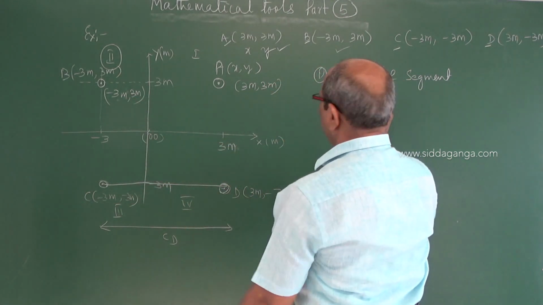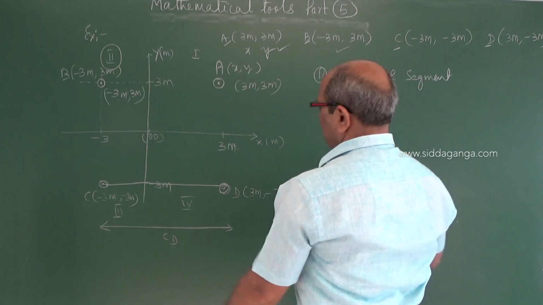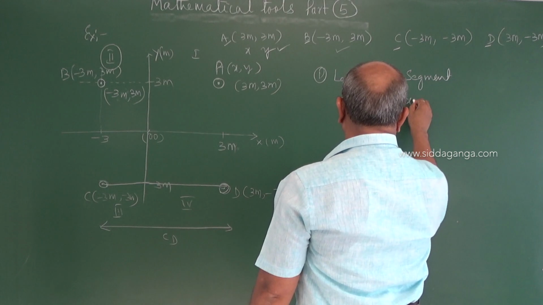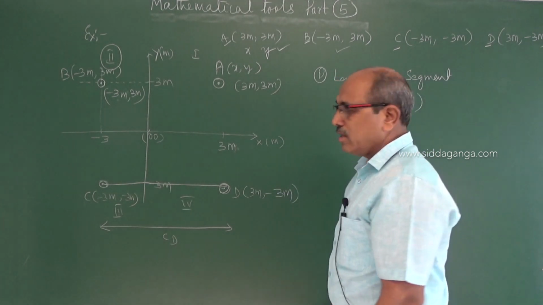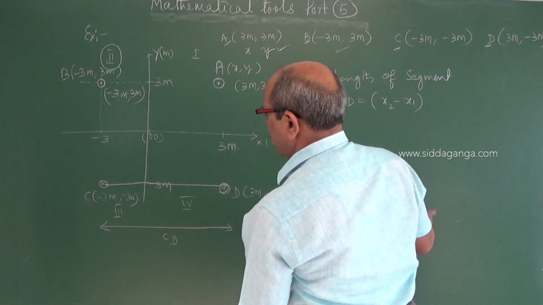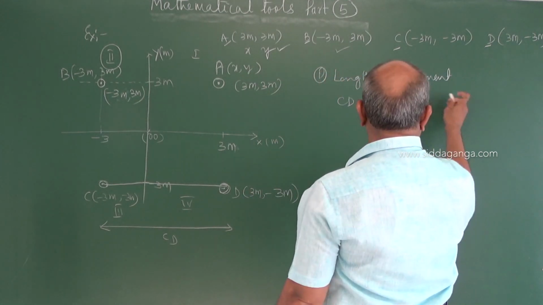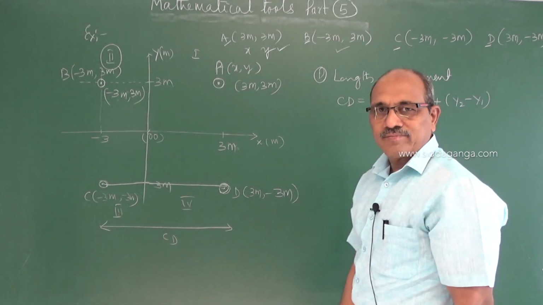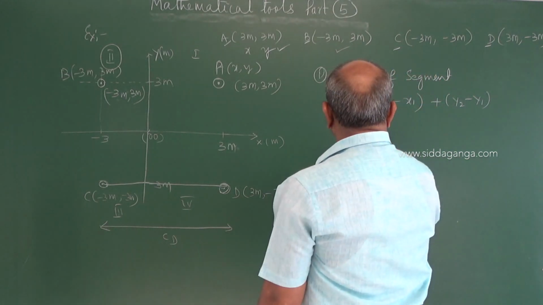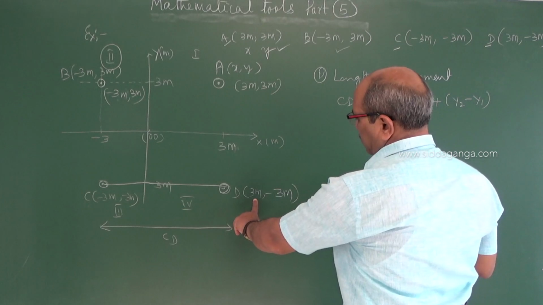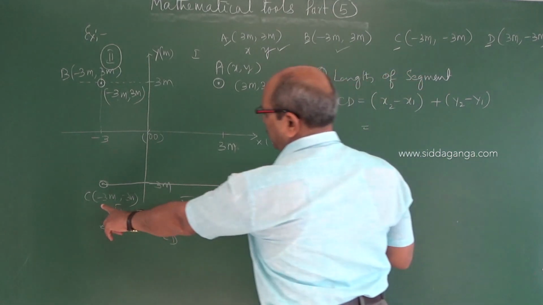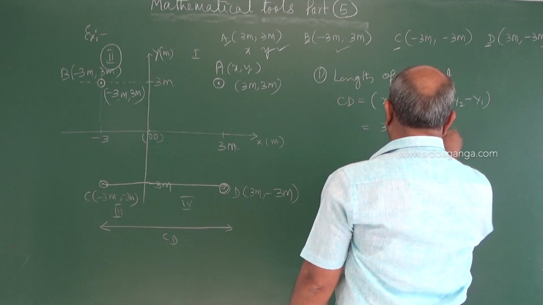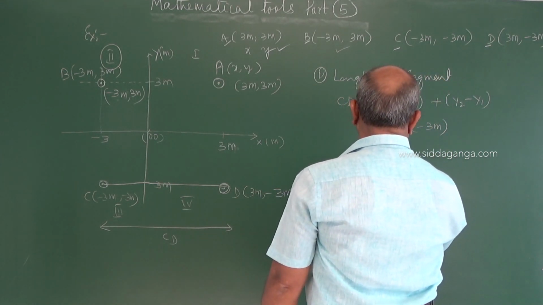Usually, to find the length when two coordinates are on a line, we take x2 minus x1, and also for the y coordinates, y2 minus y1. So x2 minus x1, x is 3 meter, here it is minus 3 meter. 3 meter minus of minus 3 meter gives us 6 meter.